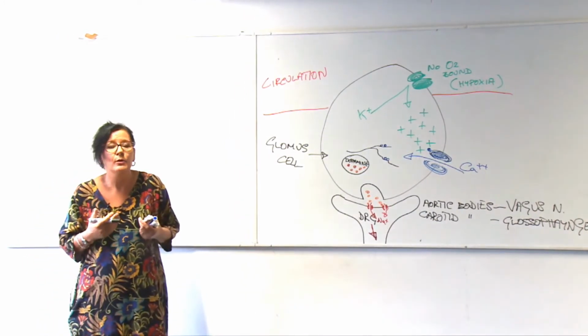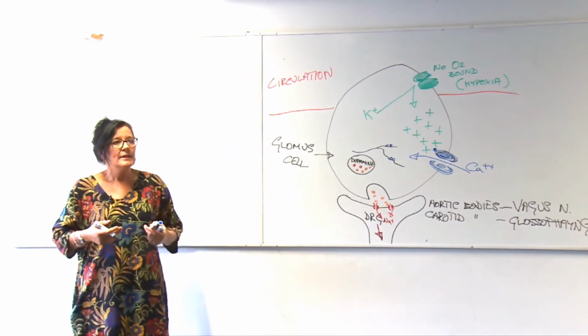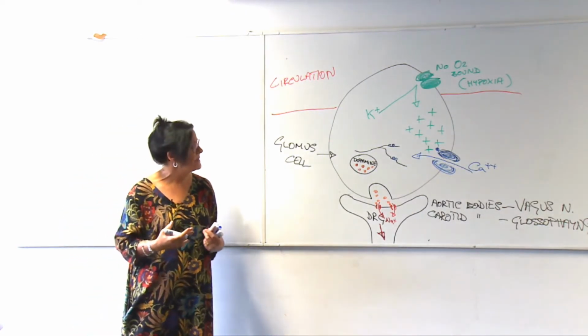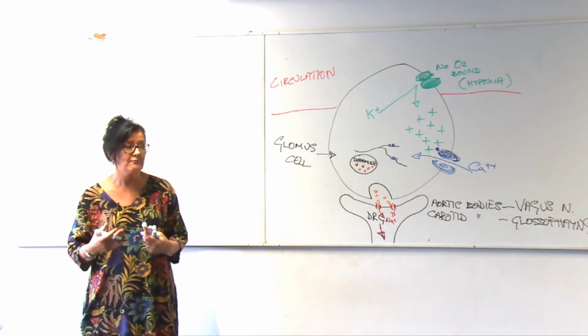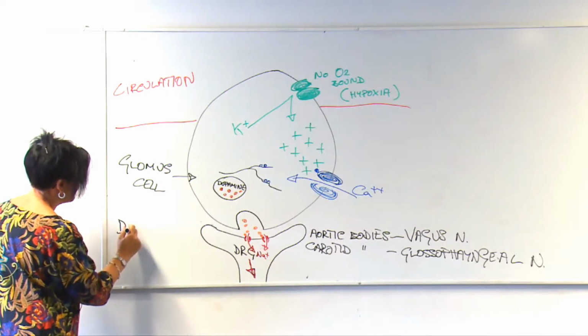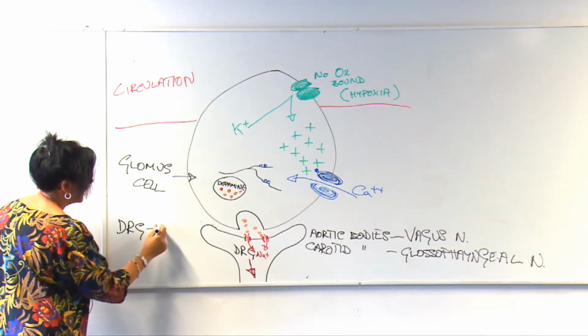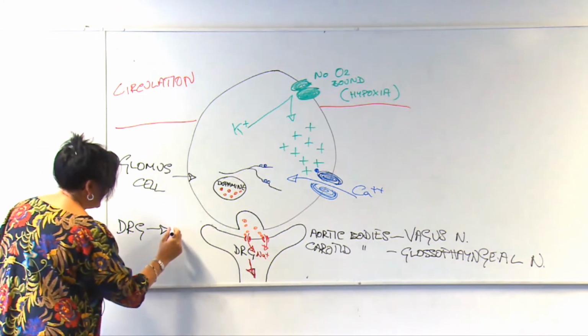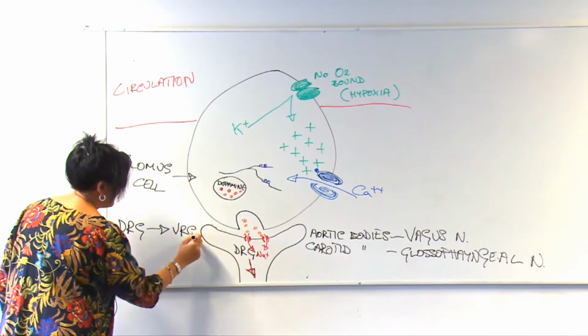If we have hypoxia, we need to breathe more. We need to increase respiratory rate and depth. So the DRG, dorsal respiratory group, communicates, probably via little interneurons, with our VRG.